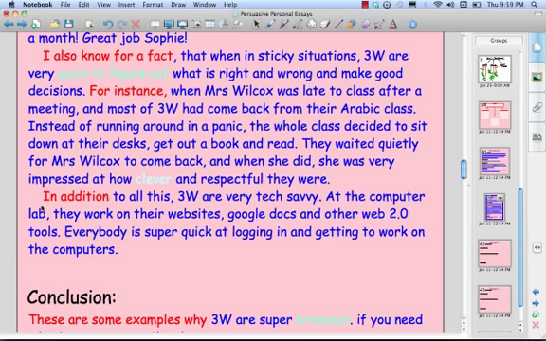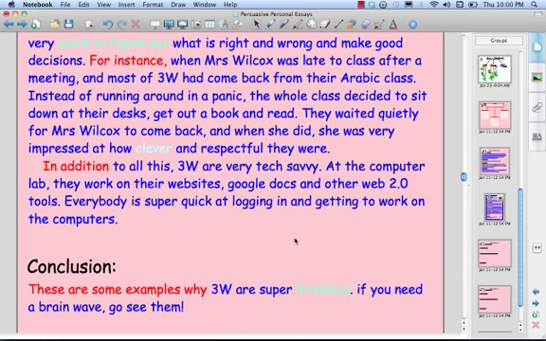And here is my last example. In addition to all this, 3W are very tech savvy. At the computer lab, they work on their websites, Google Docs, and other Web 2.0 tools. Everybody is super quick at logging in and getting to work on the computers.